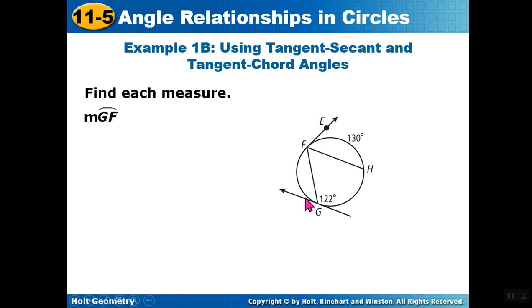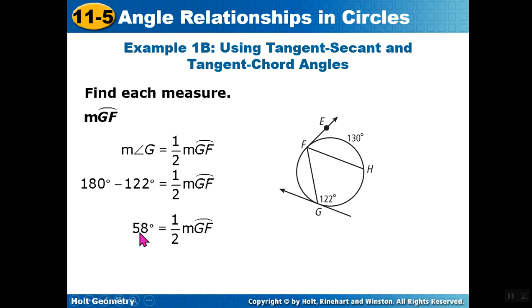We knew from before that we have to subtract this 122 from 180, because the angle that we want is a linear pair. From the linear pair theorem that we took in the first semester, they must form 180 degrees, so we subtract 180 minus 122 to get the measure of this acute angle, equal to 58. This is equal to measure of arc GF.